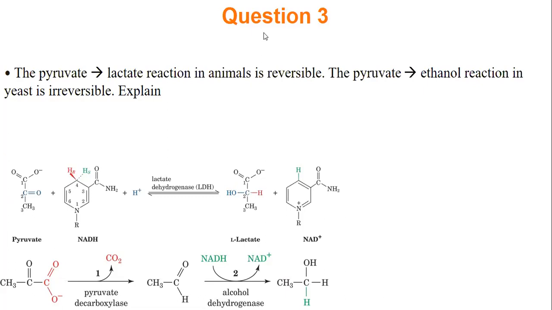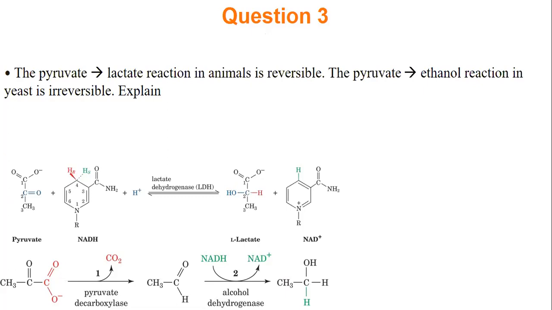I guess another way to think about this: to go back from ethanol to pyruvate, what steps were mainly different from going from lactate to pyruvate? You see they both have NADH and NAD+, but what is the big difference between how animal cells use pyruvate and yeast cells use pyruvate? What was the big step that's different?